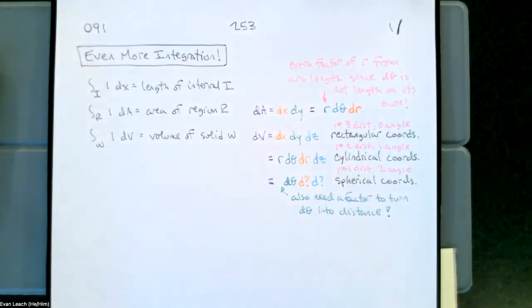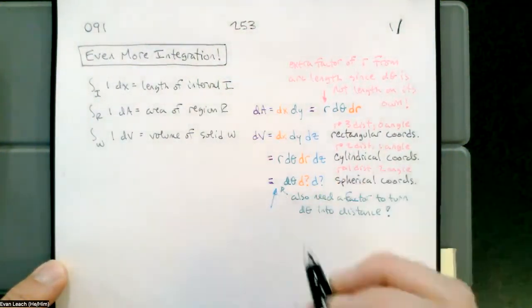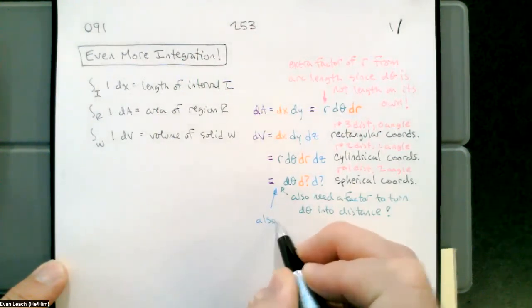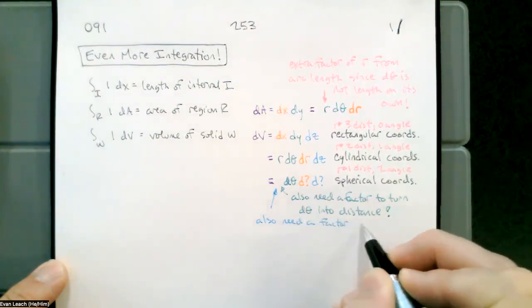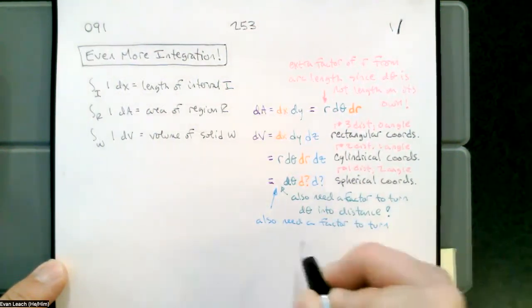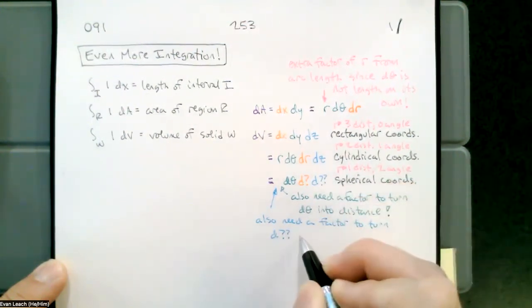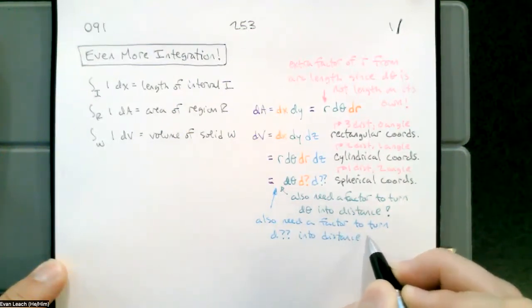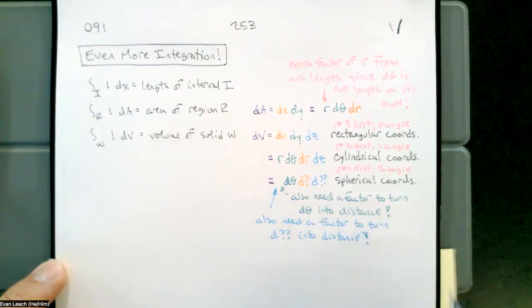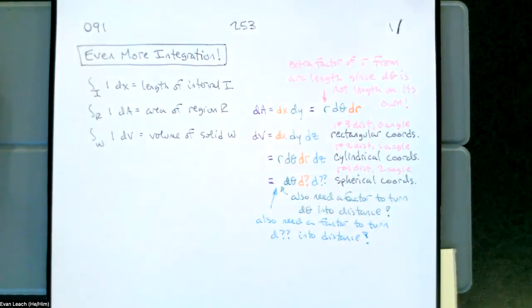But the other one, our third variable, since we have 2 angles, we will need another factor to turn d, whatever it's going to be, into existence. It's going to be phi.